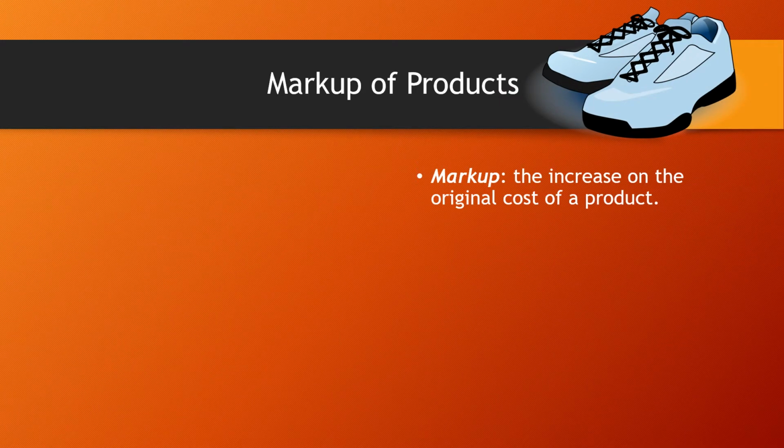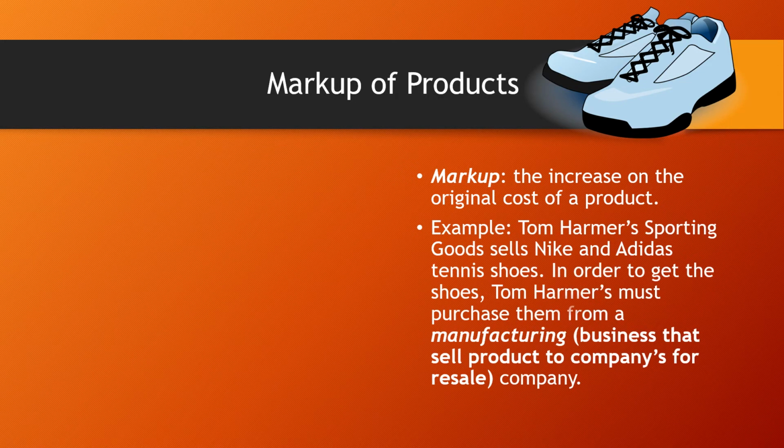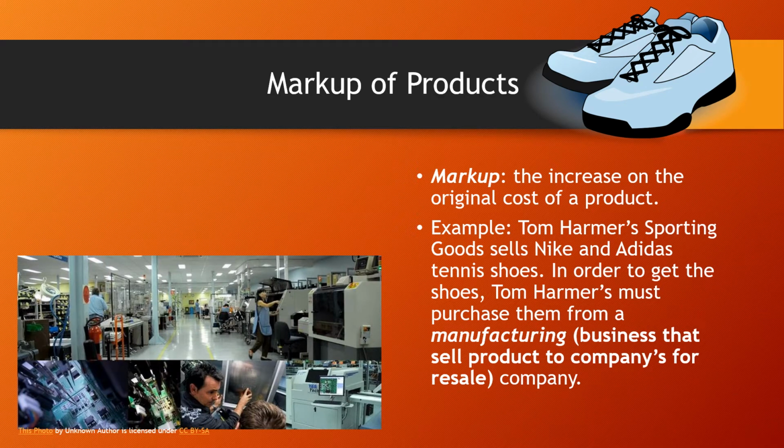Markup is the increase on the original cost of a product that it will be resold. Example, Tom Harmer Sporting Goods sells Nike and Adidas tennis shoes. In order to get the shoes, Tom Harmer's must purchase them from a manufacturing company, which is a business that sells products to other companies to resell.